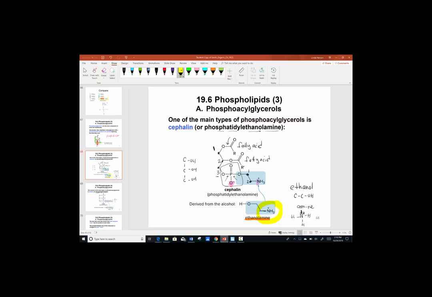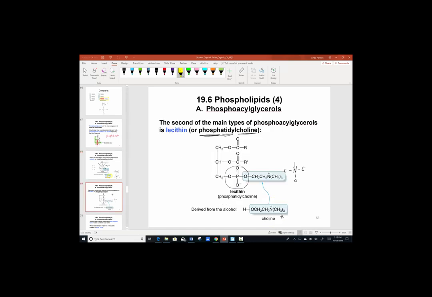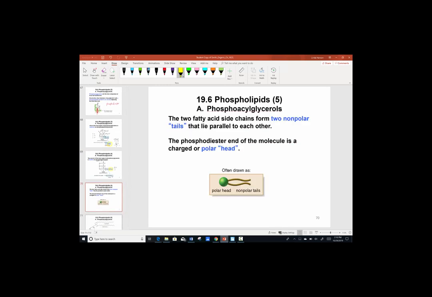It was simply a mono-substituted amine where the nitrogen attached directly to the alcohol. In our next type of phosphoacylglycerol, in this last portion, we have a tri-substituted nitrogen in which all directions lead to another methyl group. Lecithin is a second category, a second main type of a phosphoacylglycerol.